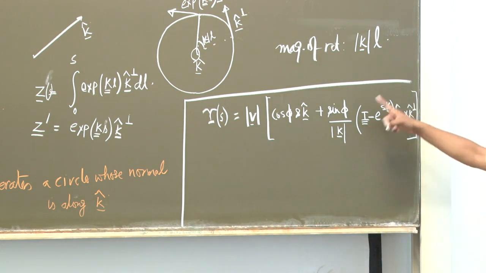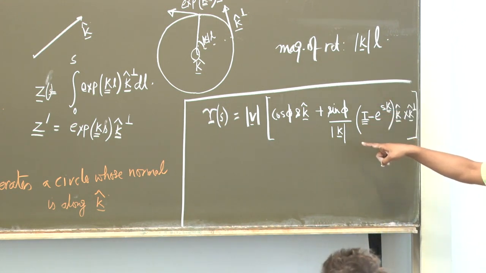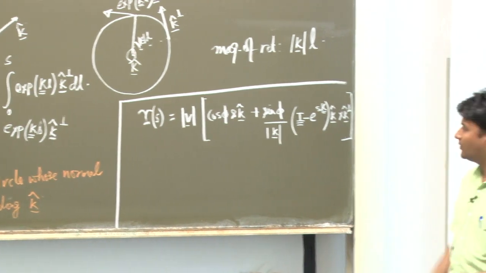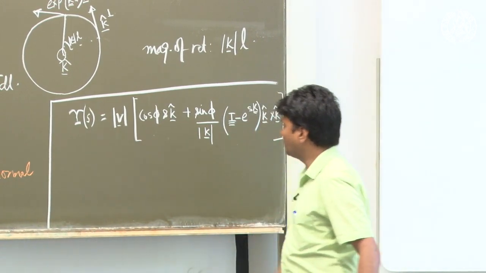Okay, so this is basically the equation of the circle that I was talking about, and that is the straight line along k hat. So, this is straight line and this is circle.